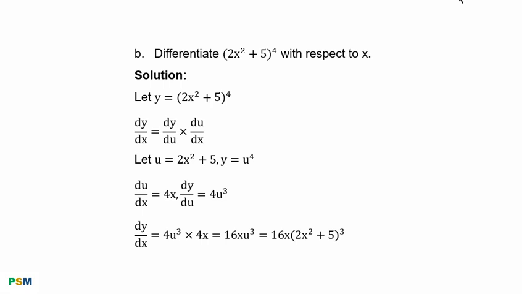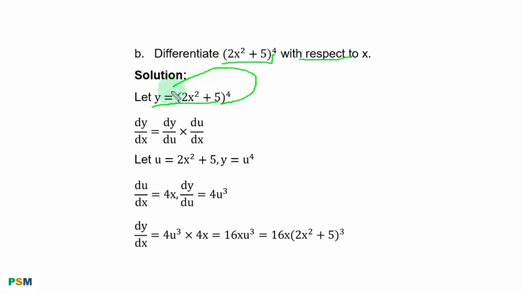Question 4b. Differentiate, bracket open, 2s squared plus 5, bracket close, to the power of 4 with respect to s. Let y equal the given function.